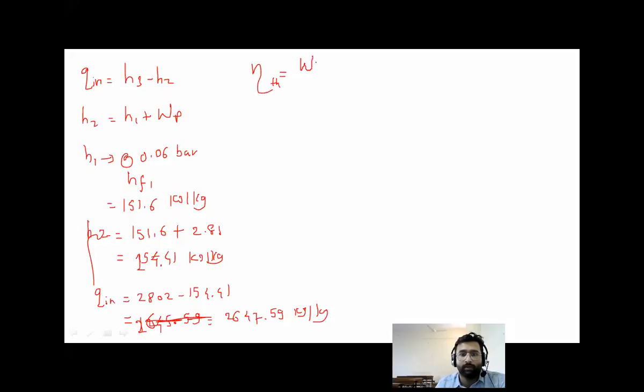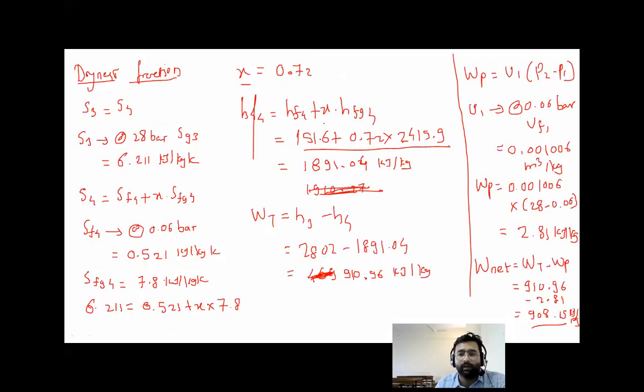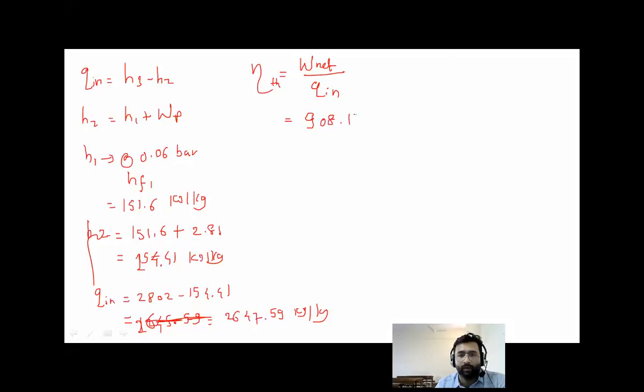Thermal efficiency is what? W net divided by Q in. W net we calculated 908.15. Q in we calculated 2647.59. To calculate this, somebody has calculated, Asauri Chavan has calculated 0.343.